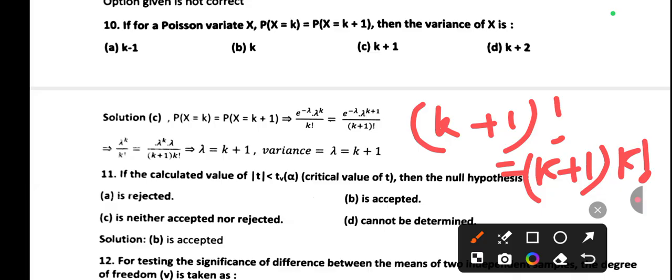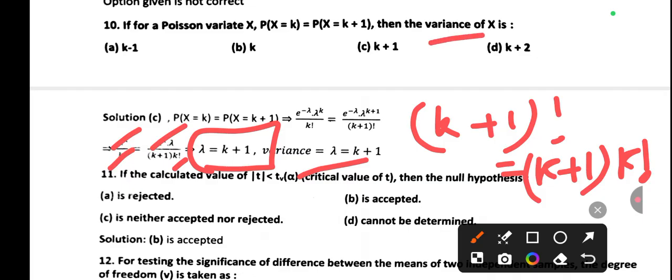Here k factorial cancels, lambda power k cancels. We are getting lambda equal to k plus 1. So lambda equals mean, lambda equals variance. In the Poisson distribution, we know very well, children, mean and variance are the same. They asked variance, so the answer is lambda, that is k plus 1. Even if they asked the mean in the question, you will get the same thing. Clear, check.